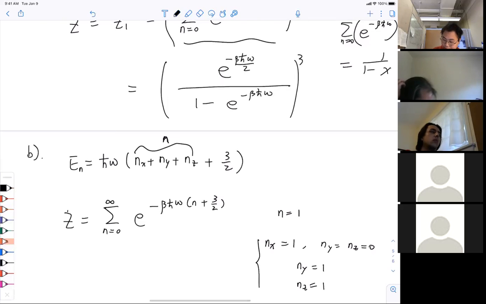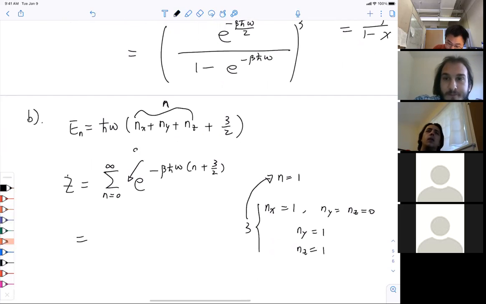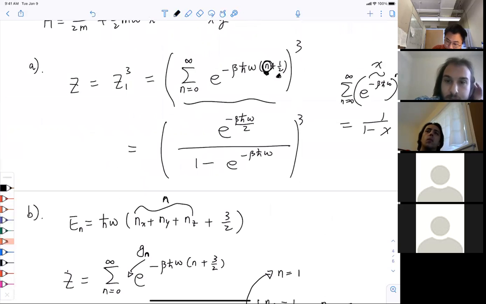Here the degeneracy is 3 for N equal to 1, right? And so there should be a degeneracy, which is a function of your energy.